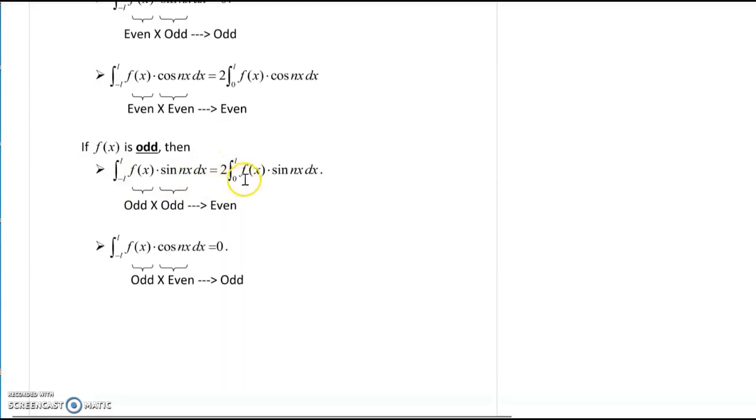So it is equal to 2 times the integral from 0 to L. And for this one, if f(x) is odd times even, the whole thing will be odd. So the integral of the odd function from negative L to L will be 0. In the exam, normally students wish to get the odd function, because they know whenever they have the odd function, the integral will be straight away 0. No need to compute.